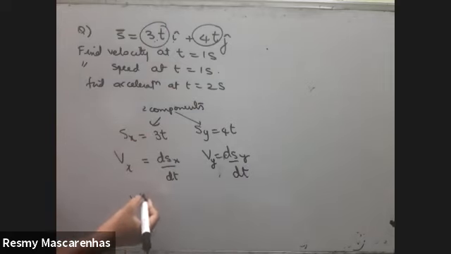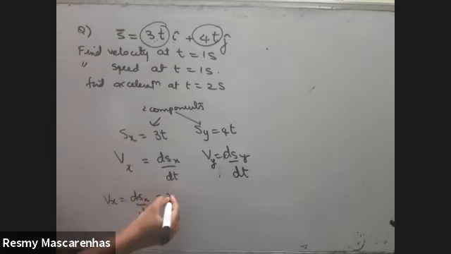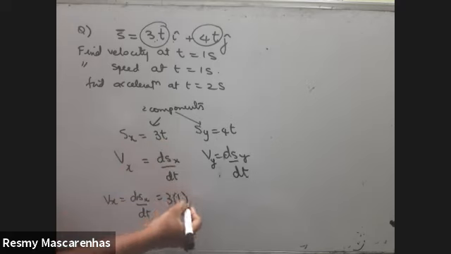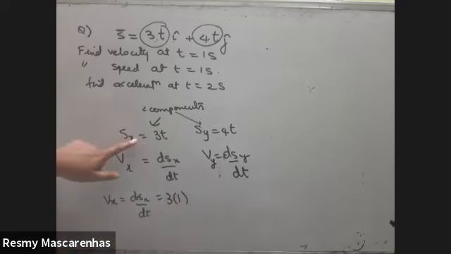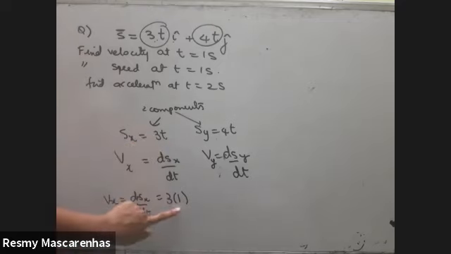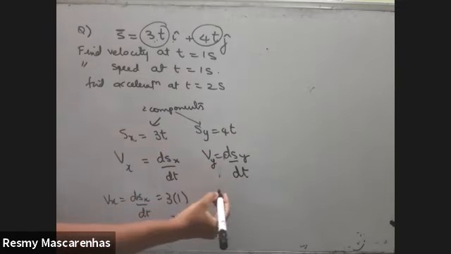So 3 into derivative of t, which is 1. I found the derivative, so I got the answer 3. Same way find the derivative of this.